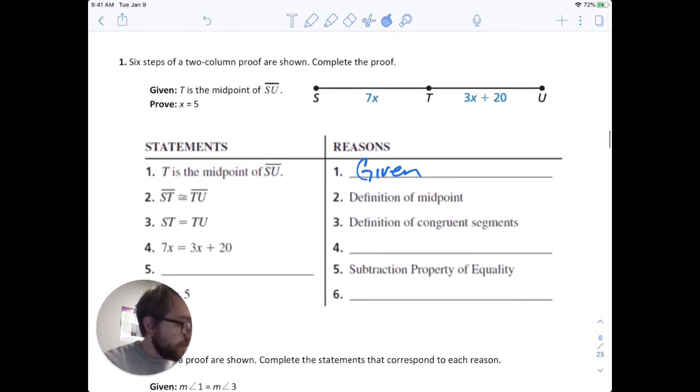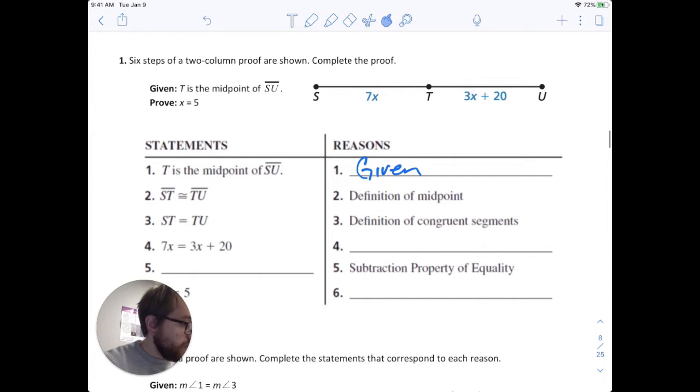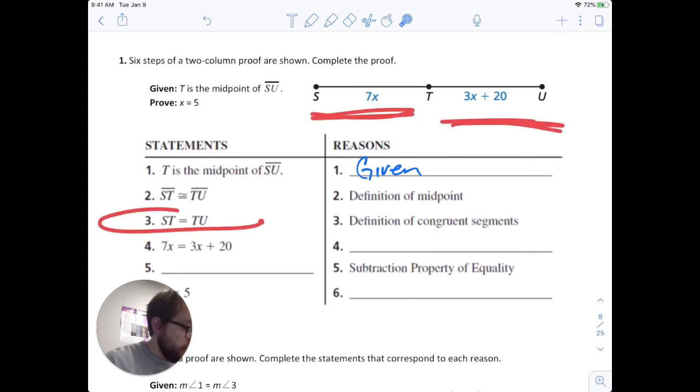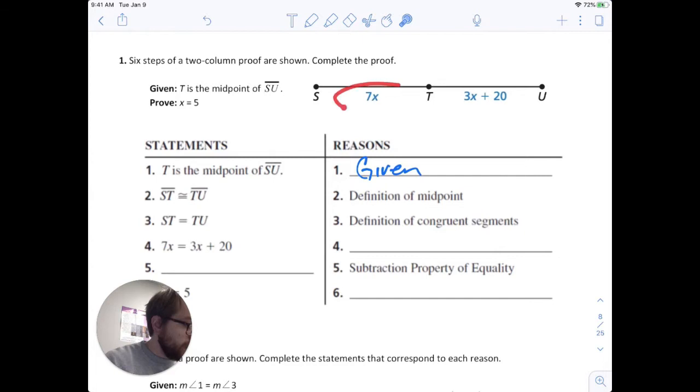Why can I say that? If I look here in my figure, ST has a measurement of 7x and TU has a measurement of 3x plus 20. So if ST is equal to TU, then 7x is equal to 3x plus 20.